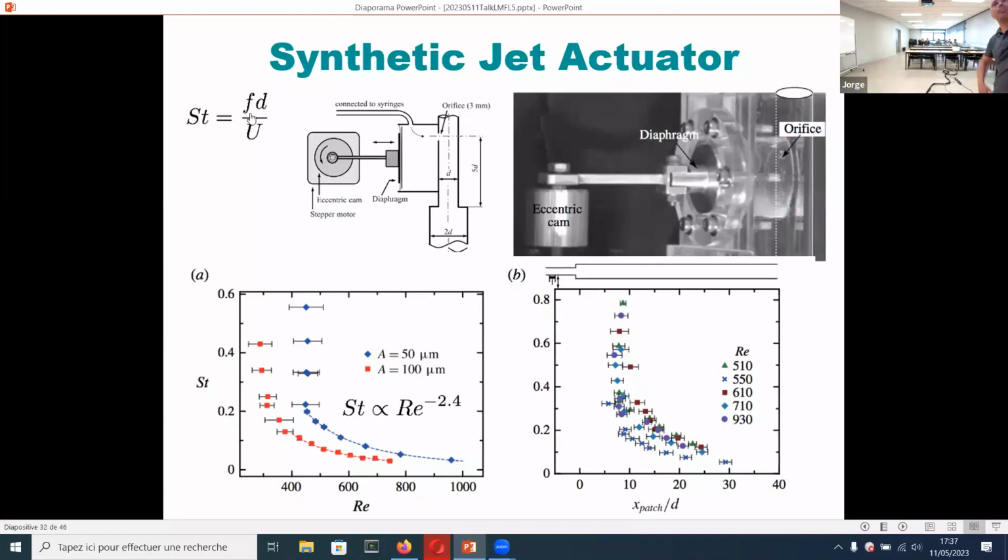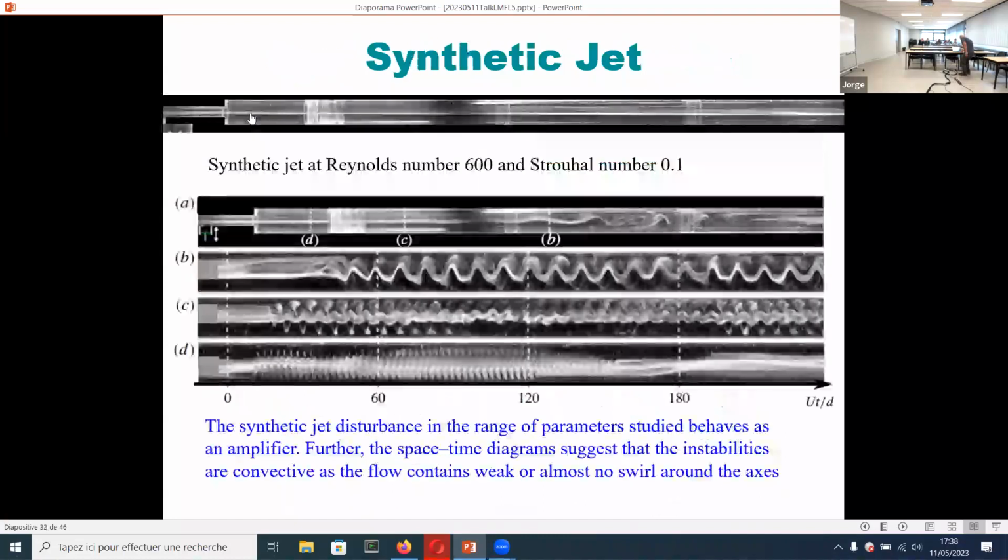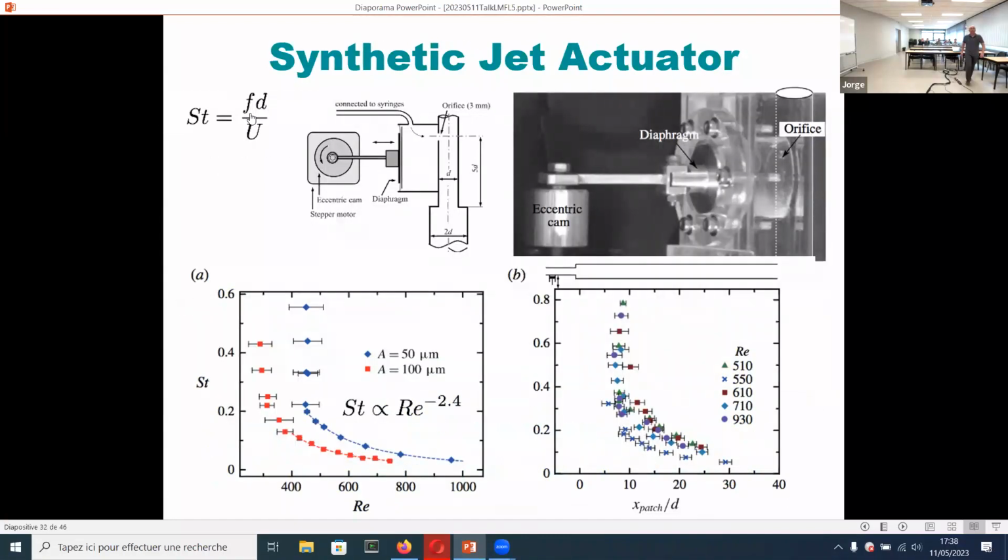So if you increase the amplitude of the sine waves, you'll get a shift toward the left. The movie I took, I think the parameters are on the slide. The Strouhal is 0.1. So basically, the movie I took is one of the red symbols.